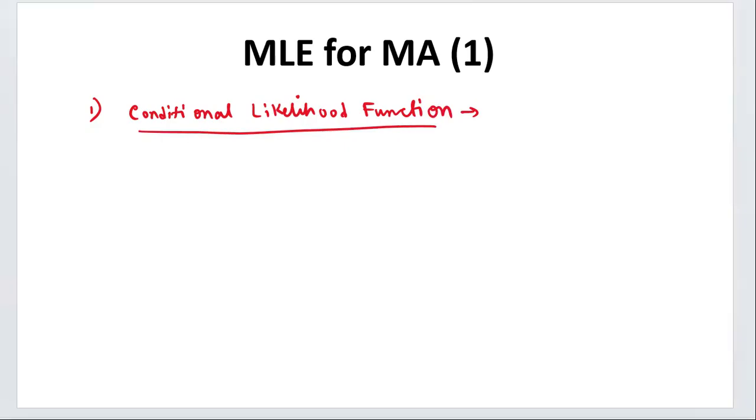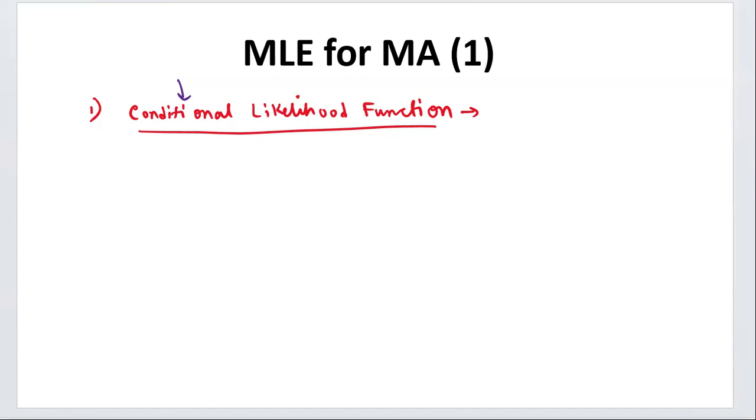As I mentioned, in the case of the AR model we followed some specific steps and found both the exact likelihood function and the conditional likelihood function. But in the case of the MA(1) process, we'll focus on the conditional likelihood function only. And the process is a little different from what we did in the case of the AR process.